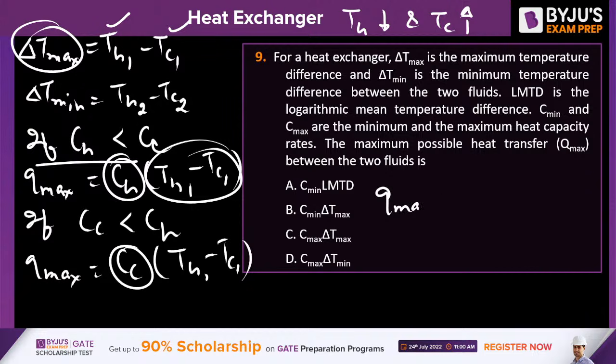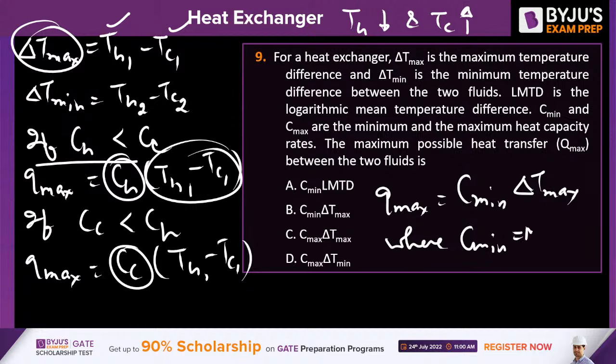So Q maximum can be written as C minimum into delta T maximum, where C minimum is the minimum value among Ch and Cc. Are you getting it? That is how we can find the maximum possible heat transfer rate between the two fluids. Option B is the right answer.